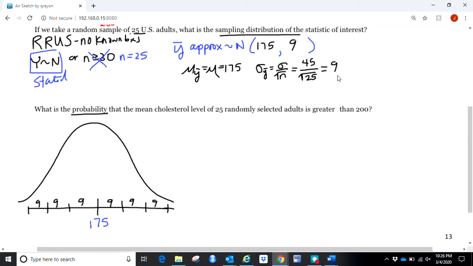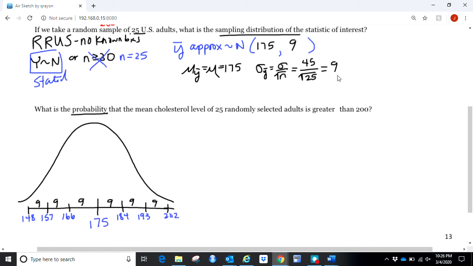That's sigma over the square root of n that we found above. So subtracting off my 9 each time will give me those values, and then adding on 9 each time will give me those values.